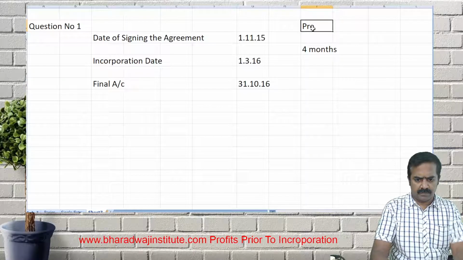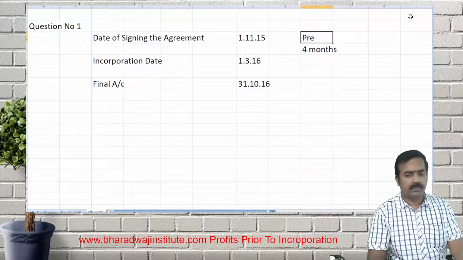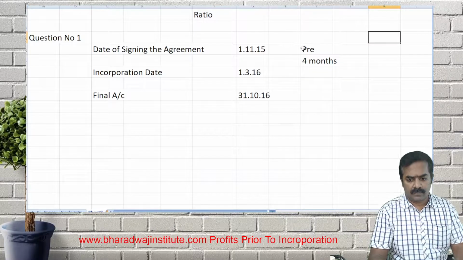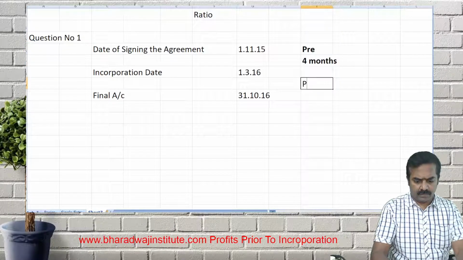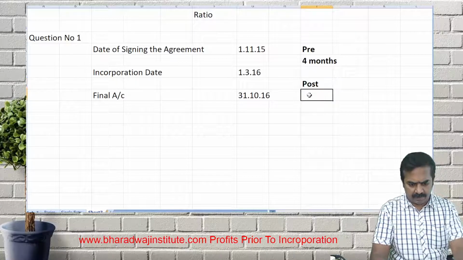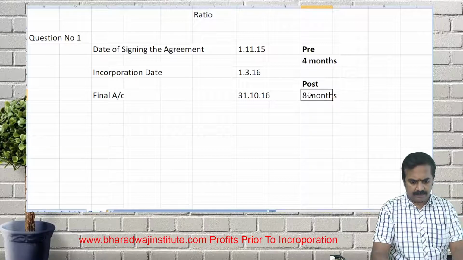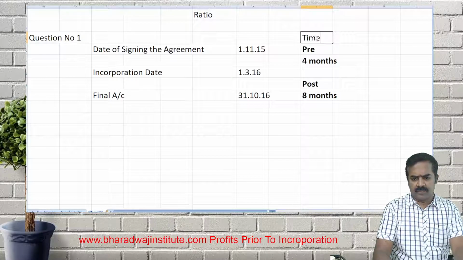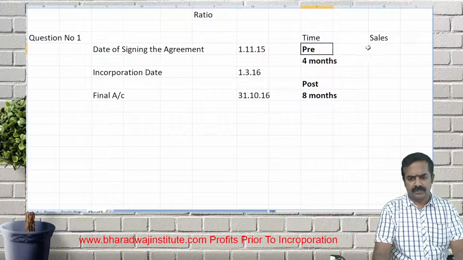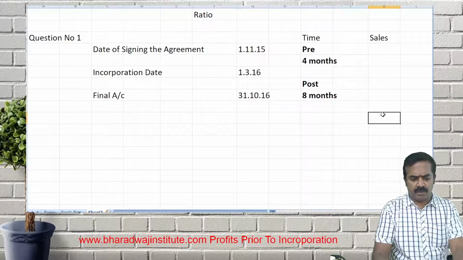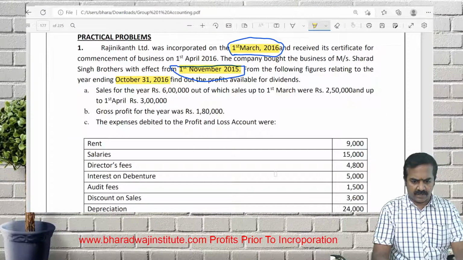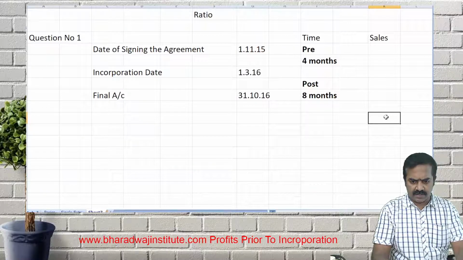Post-incorporation, how many months? Of course, 8 months. This is the time ratio, 1:2. Now look at sales, what have we been given? Total sales for the year, how much? 6 lakhs is the total sales.